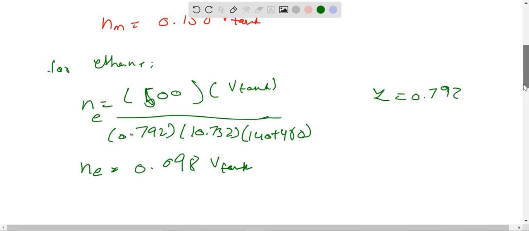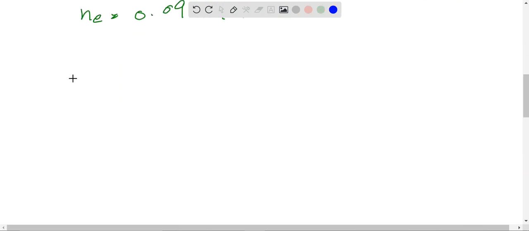Now we will find the total number of moles, which is equal to nM plus nE.